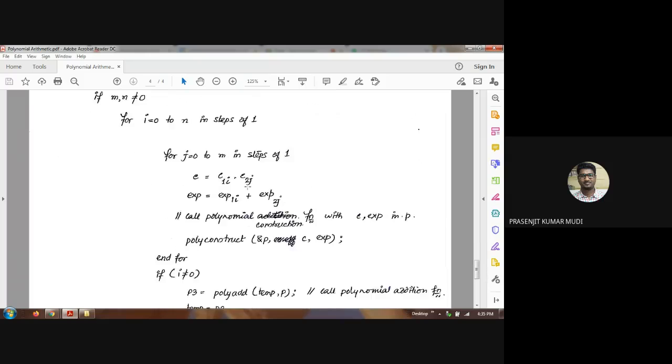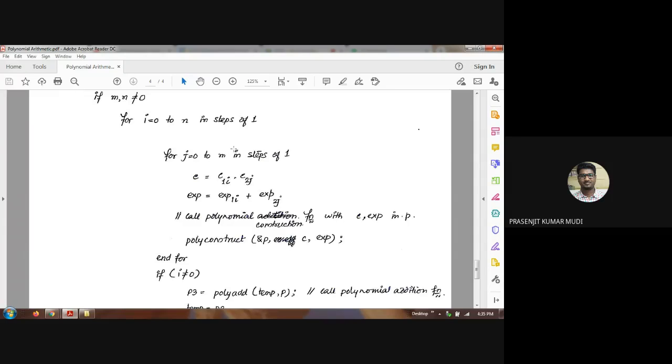Right? Now in our for loop, for j equal to 0 to m in steps of 1, j is the index used for the second polynomial. In the second polynomial we have small m plus 1 number of terms, so this for loop should be executed small m plus 1 number of times. So starting with 0, we are ending with m.